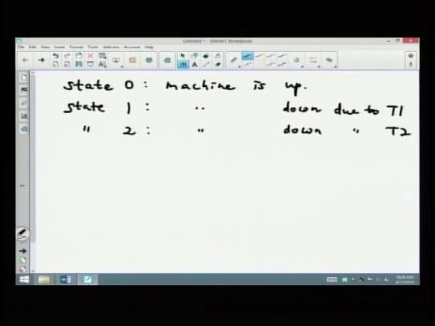Does that make sense? So using these three states, we're going to build up the Markov chain model. Let me give you one minute to do that. We'll come back.